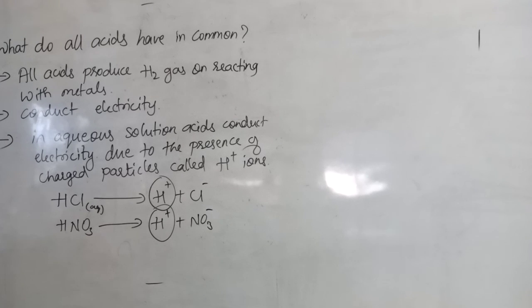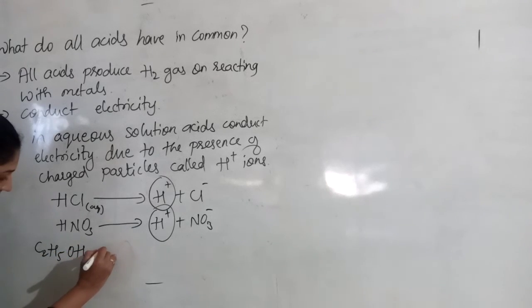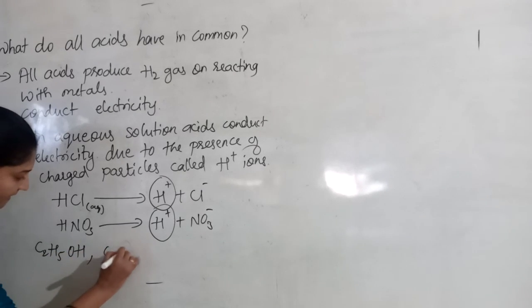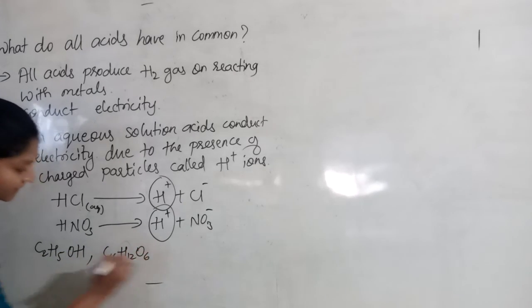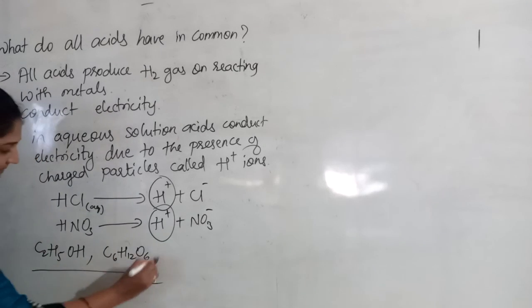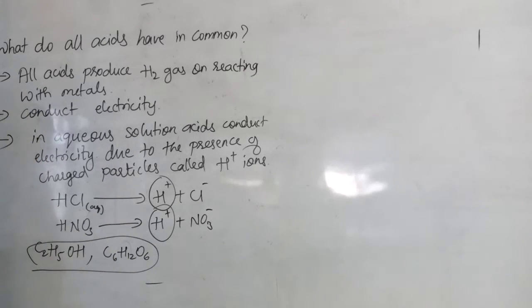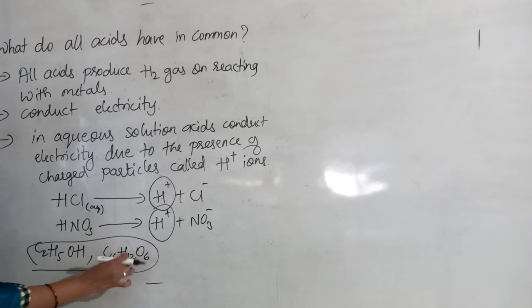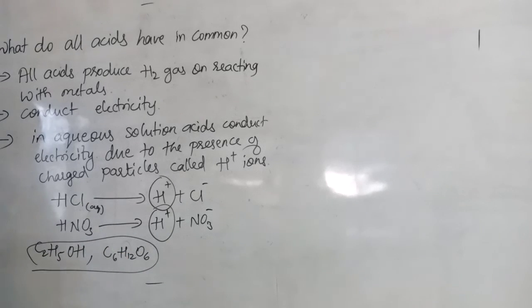Ethyl alcohol is C2H5OH, and glucose is C6H12O6. You might say, yes ma'am, in these two compounds also hydrogen is there, right? Then why can't we say these two are acids?